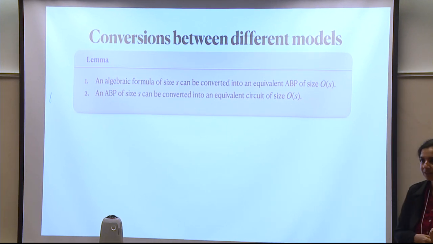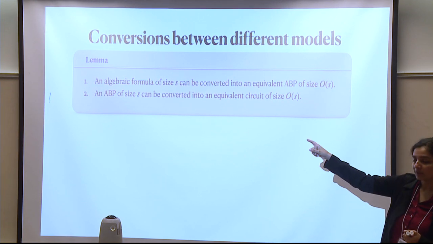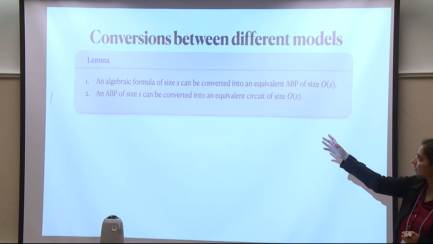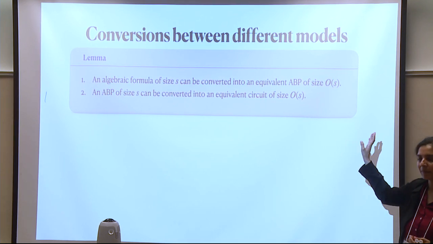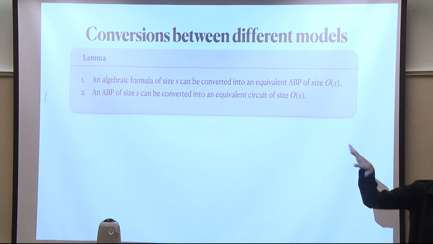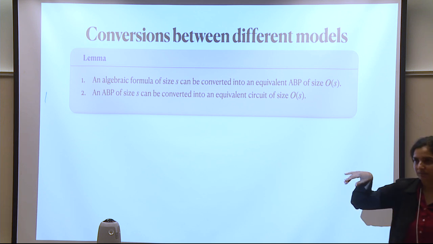What this lemma is saying is that if you have an algebraic branching formula of size s, you can convert it into a branching program of about the same size. So branching programs are at least as efficient as formulas are. So rather, branching programs can simulate formulas.